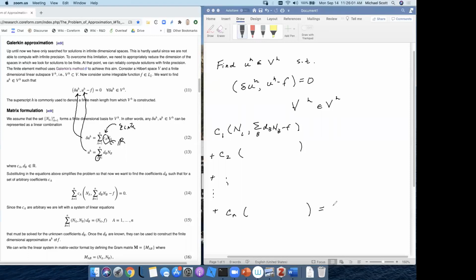That whole thing has to be equal to 0 for all CA, A equals 1 to N. This is a huge step, guys. It might seem trivial, but this is a big deal, what's happening here.